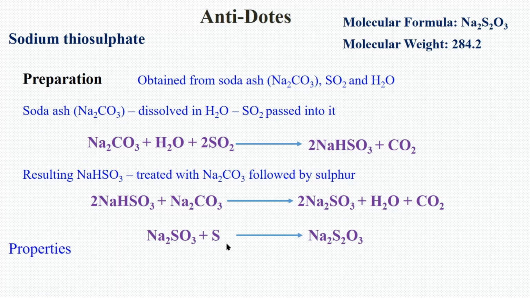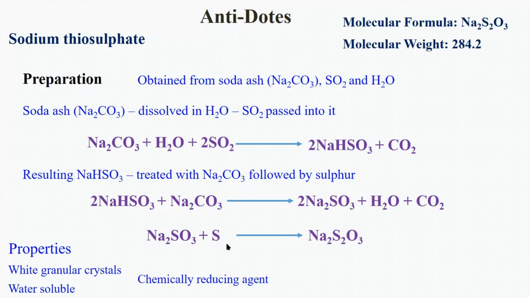Sodium thiosulphate is an inorganic compound which is white granular crystals in nature. They are freely soluble in water like other inorganic compounds like sodium nitrite, sodium chloride, and so forth. Chemically, it is a reducing agent.